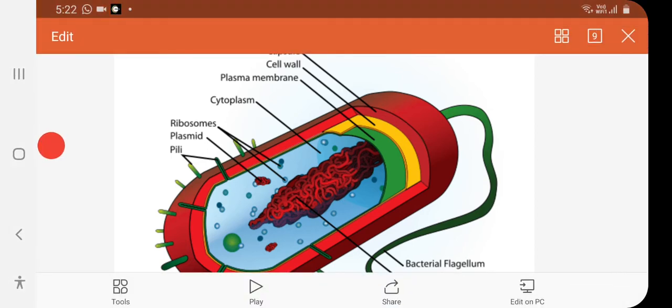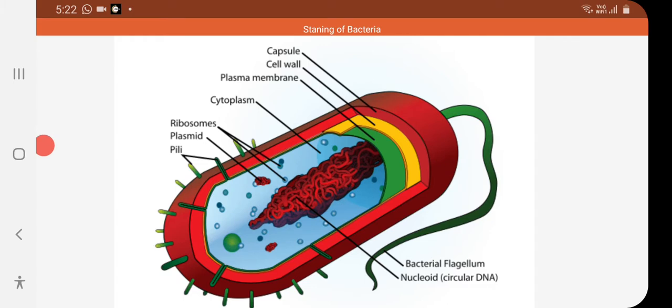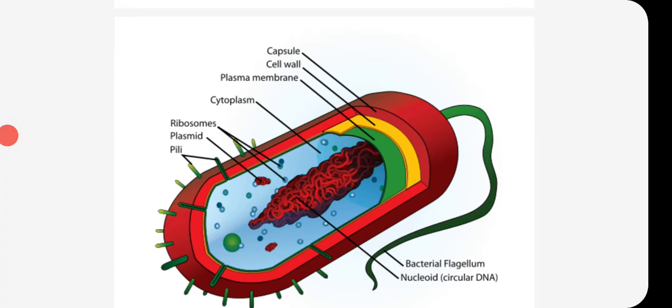When we use a single stain on the bacteria, it is a simple staining process. When we use a counter stain, it is also called differential staining.